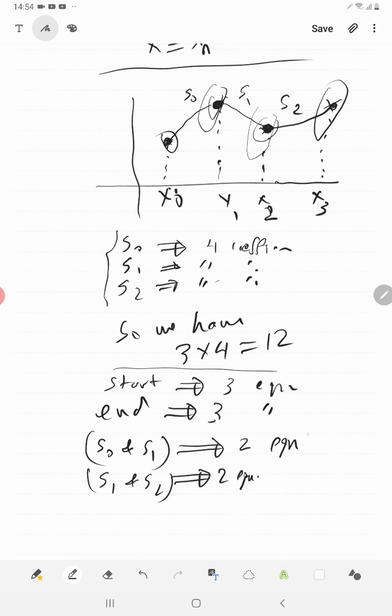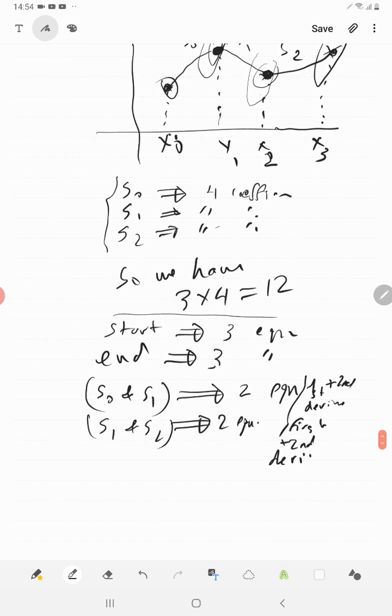That's the first plus second derivative, and here also first plus second derivatives. So here 6 and 4 is 10. We need another 2.